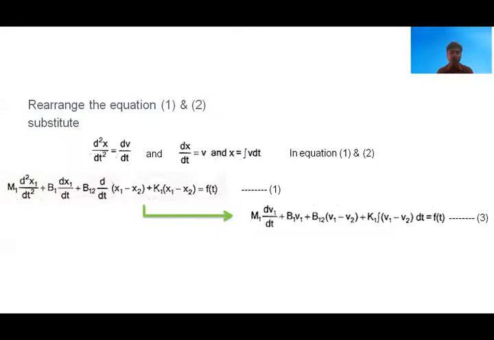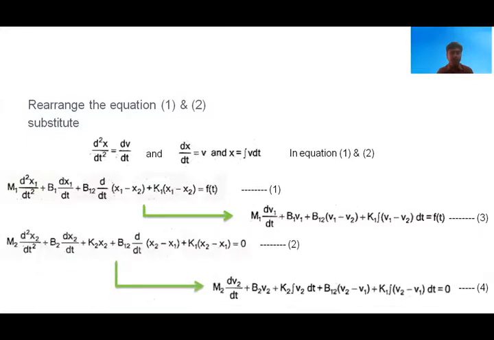If you substitute in equation 2, we will get the equation like this: m2 into dv2 by dt plus b2 v2 plus k2 integral v2 dt plus b12 into (v2 minus v1) plus k1 integral (v2 minus v1) dt is equal to 0.